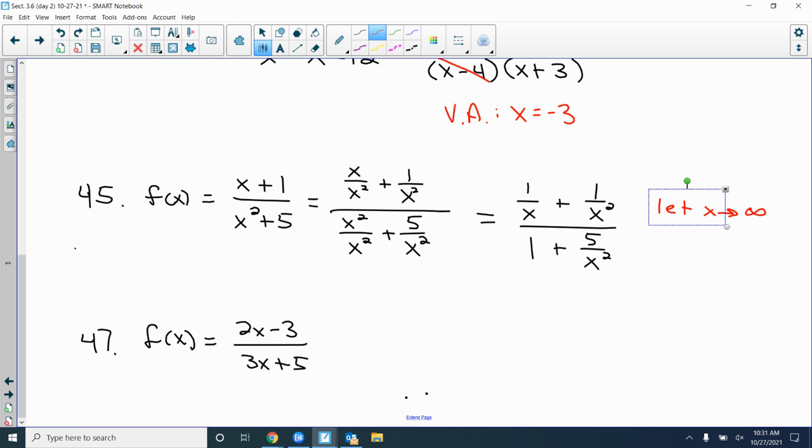It doesn't really matter what the constant is. It could be a 10, a 20, a 30, but that's going to go to 0. This is going to go to 0. 5 over x squared is also going to go to 0. So in the end, on the top you're left with 0, and on the bottom we're left with 1. So you get 0 divided by 1, which is 0. That is your horizontal asymptote.